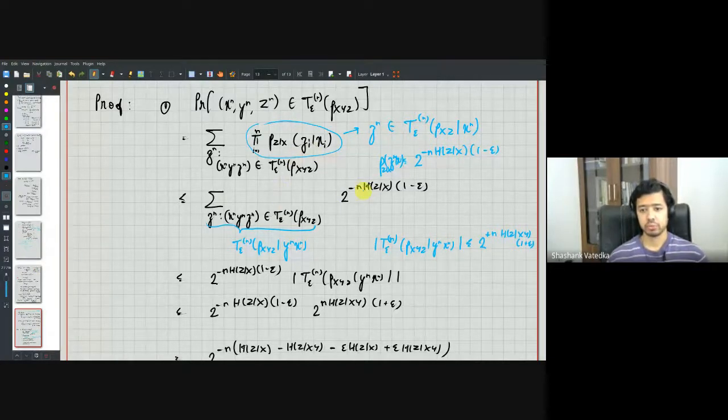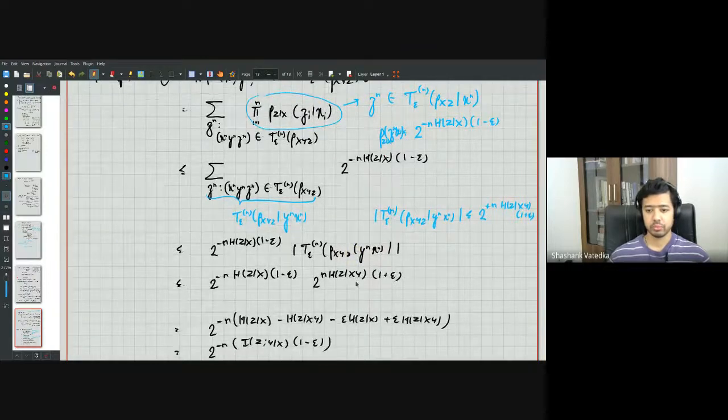So we have a 2 raised to minus n times h of z given x over here, and we're summing over all possible zn which are conditionally typical with respect to y and x. If we just take this out, then we get this times the size of the conditional typical set of z given xn and yn.